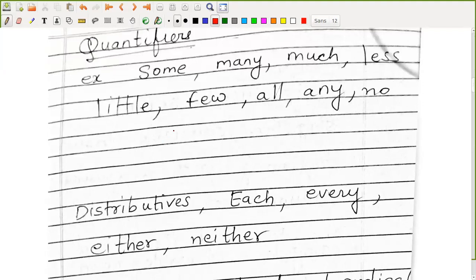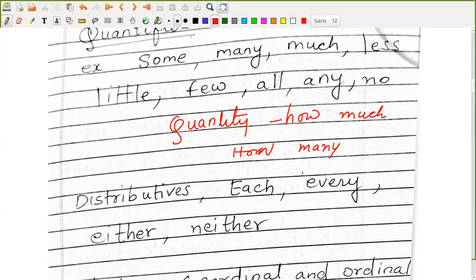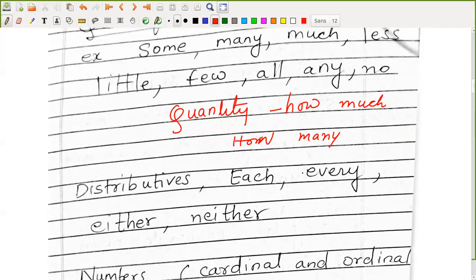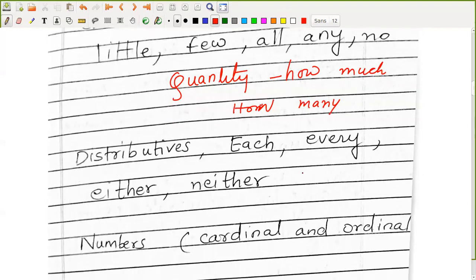Quantifiers show us the quantity, how much or how many. Few means very few people. So quantifiers, as the word indicates, show quantity.